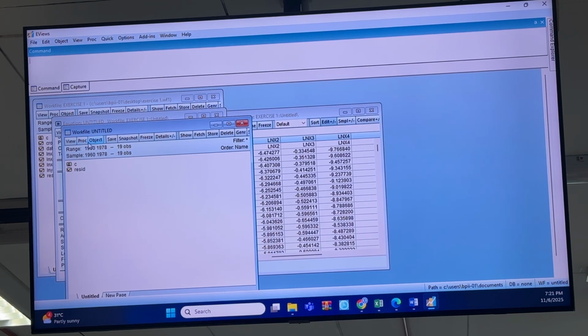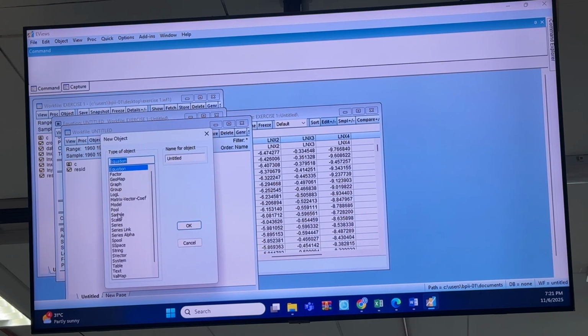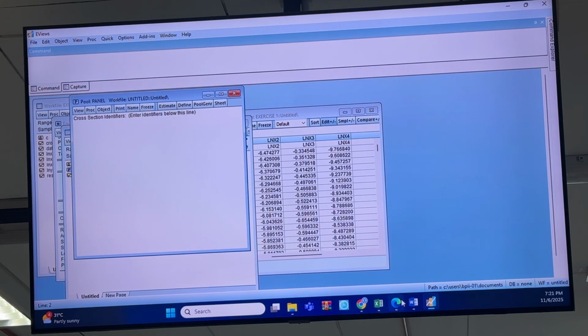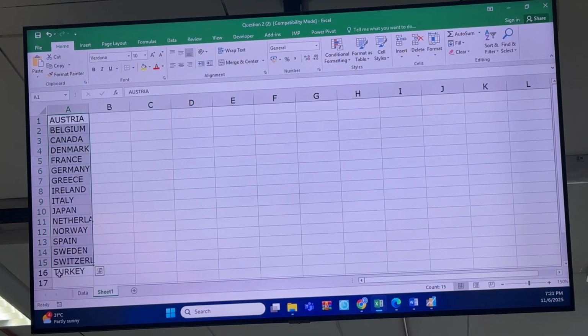After that, I go to proc, right? Object. New object. Pool, whatever, panel, right? Then I put in my country.